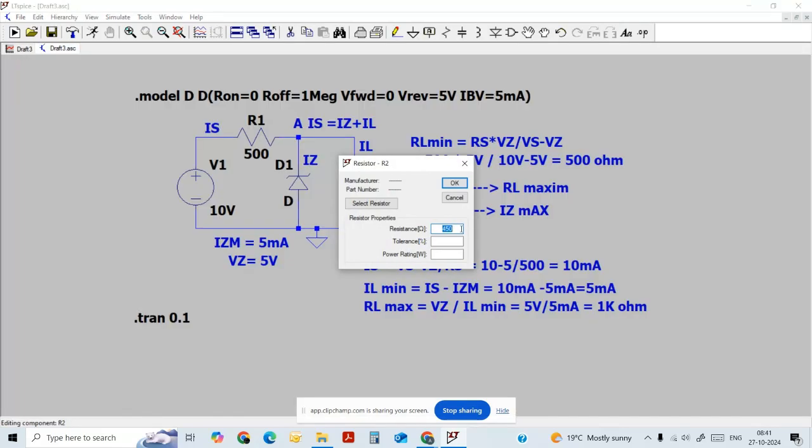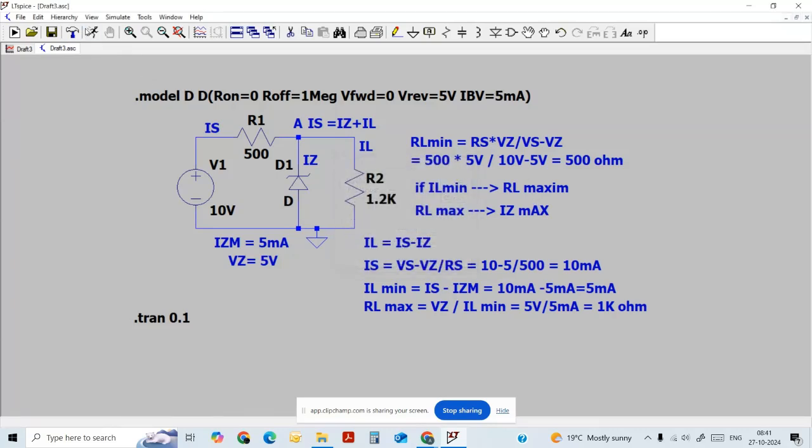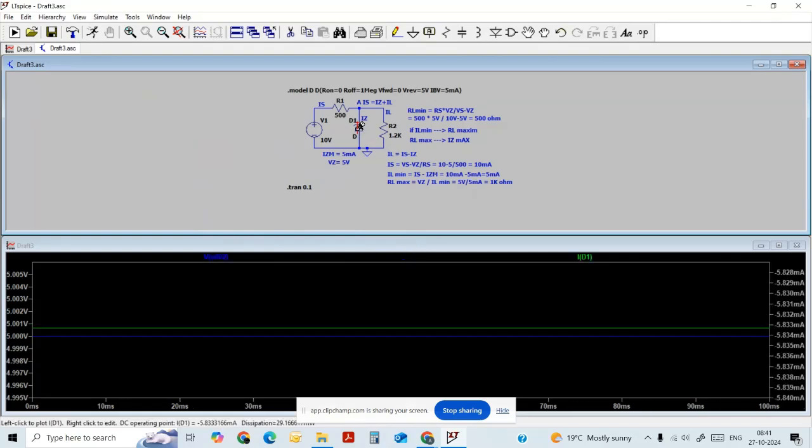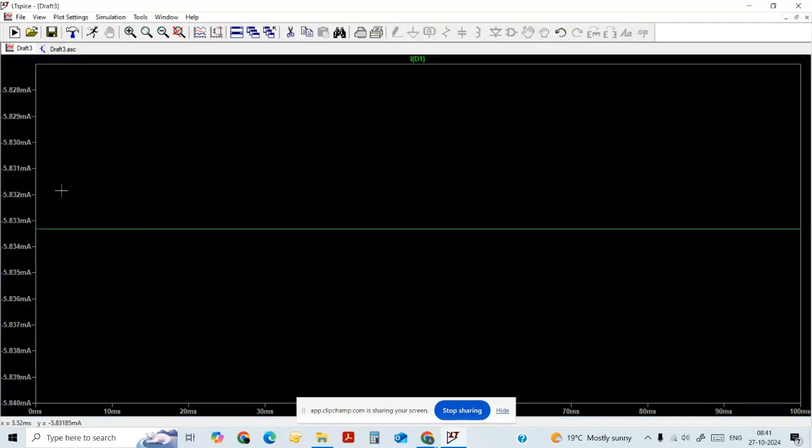If I consider, instead of 1 kilo ohm, 1.2 kilo ohm, I run once again and calculate the current across the Zener diode. Now I am getting 5.8 milliamps instead of 5 milliamps. We know that we have a maximum Zener current of 5 milliamps.